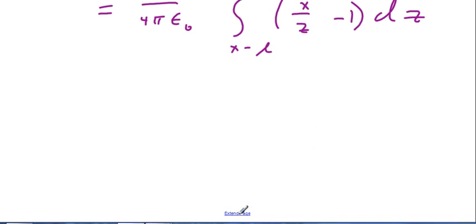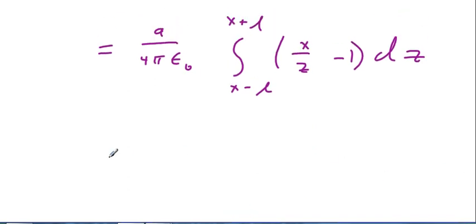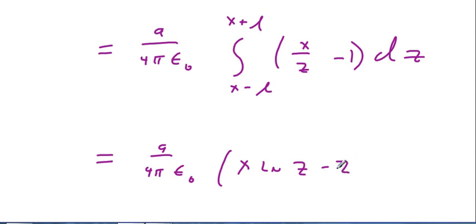Well, that's an integral. I finally got an integral that I can actually solve. So I've got a over 4 pi epsilon naught times x natural log z minus z, evaluated from x minus L to x plus L.